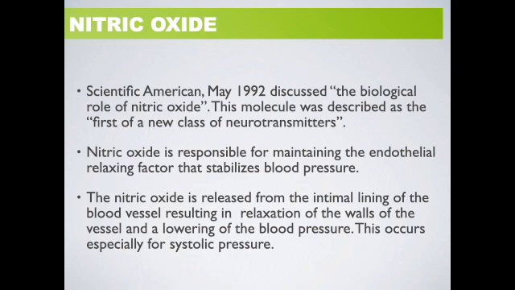Nitric oxide is sort of everywhere in the body, and it's secreted by the intimal linings of the blood vessels. It's also secreted from the mucosal linings of the sinuses.